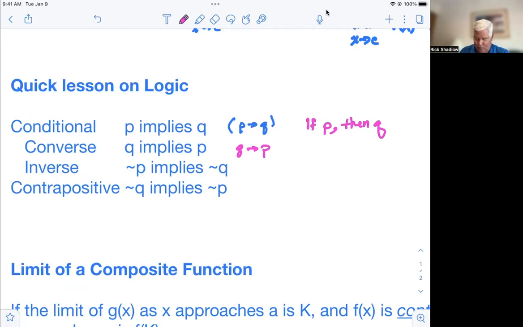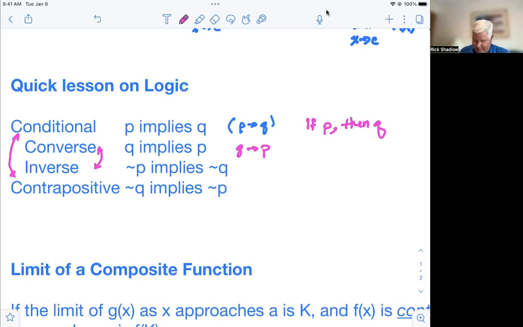Noteworthy here is that the conditional and the contrapositive are always either both true or both false. They're said to be logically equivalent, just as the converse and the inverse are logical equivalents. If one's true, the other has to be true as well.